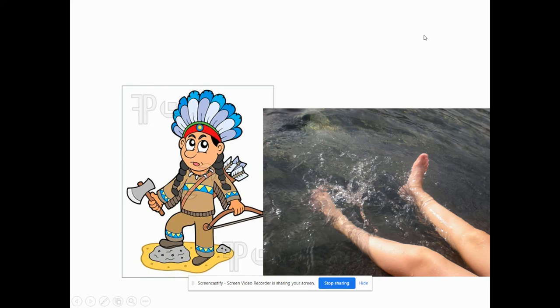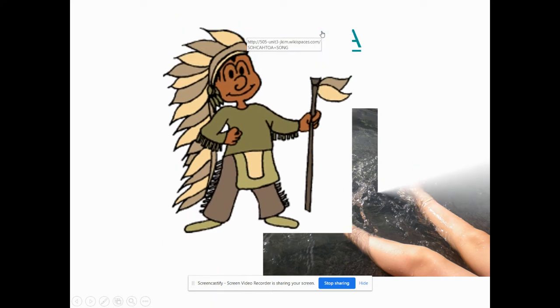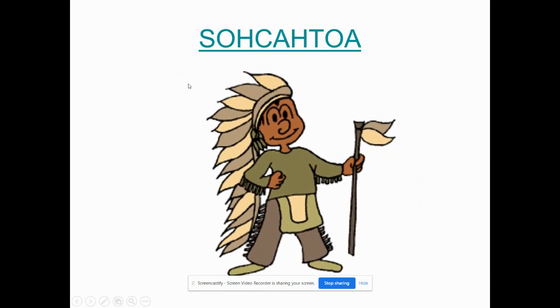And the rest of the Indian tribe saw him. And so they said, I know what we'll call you. We'll call you SOH-CAH-TOA. So this is a way to help you remember that S stands for the sine, O for the opposite over the hypotenuse, C for the cosine is the adjacent over the hypotenuse, and T for tangent is the opposite over the adjacent.